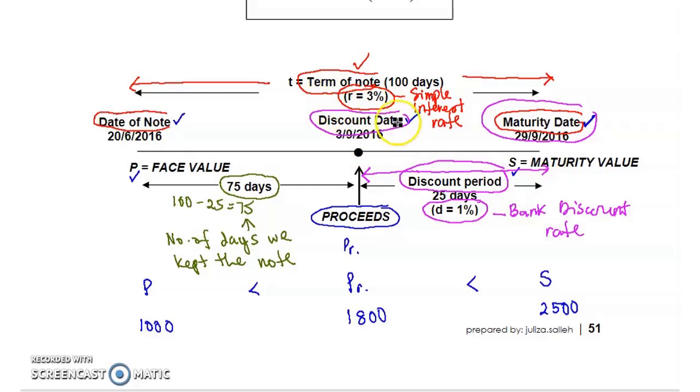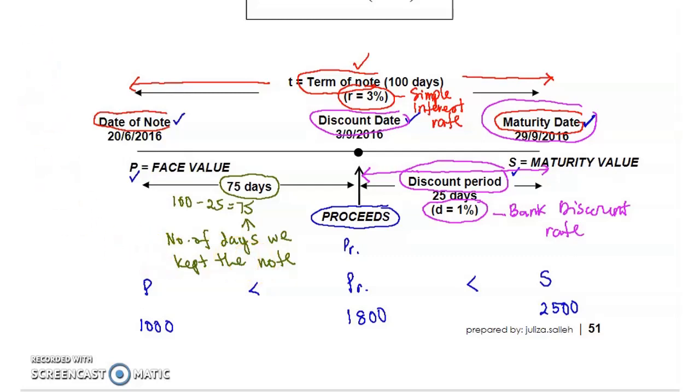The value that you receive here we call proceeds. From the discount date to maturity date, that period we call the discount period. From the beginning date of the note until maturity date, that is the term of note. Here the 75 days is the number of days we kept the note.